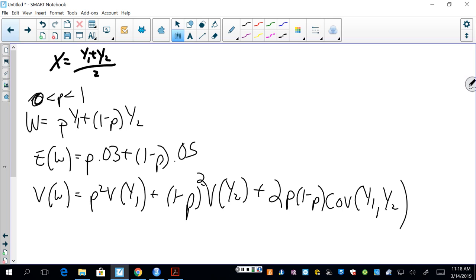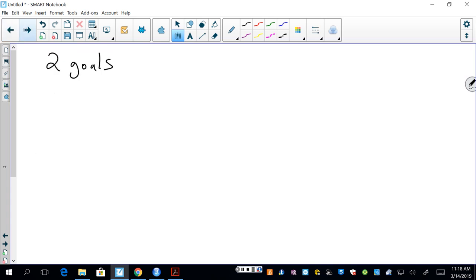We also want a high average. So we need to create some type of function, some way to look at this that both incorporates average and variance. So really there's two goals. We want to be near 0.05 if we can. So if we look at the maximum we can do minus what we get by doing a weighted average.